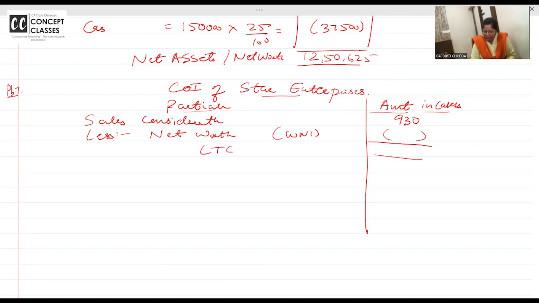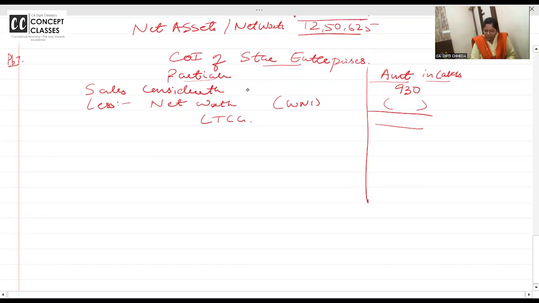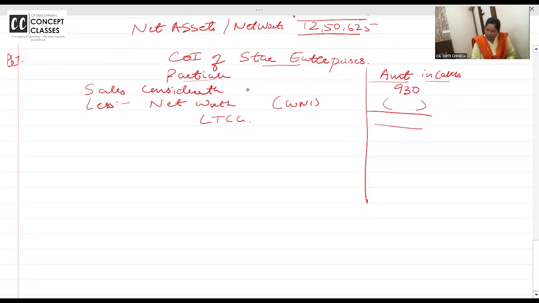Whatever I get, I call it long-term capital gain. Now, what are the assets? Assets of unit N. Which unit is transferred? Unit N.